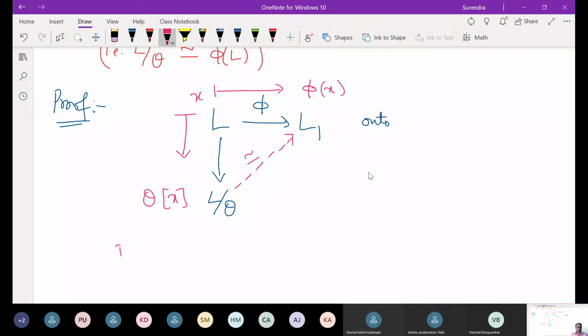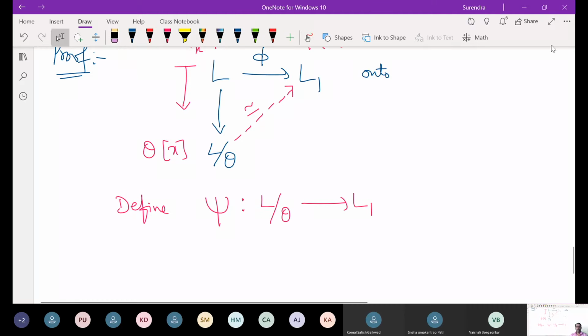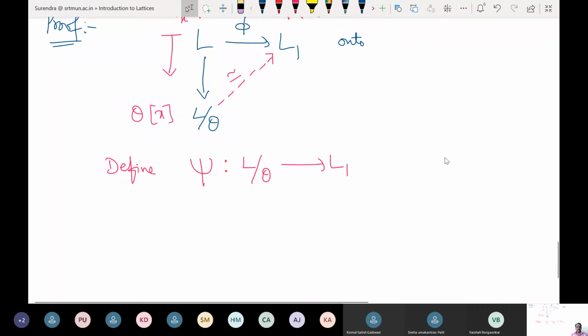So we will define a map, call it psi, from L modulo theta to L1. How can we define this psi?